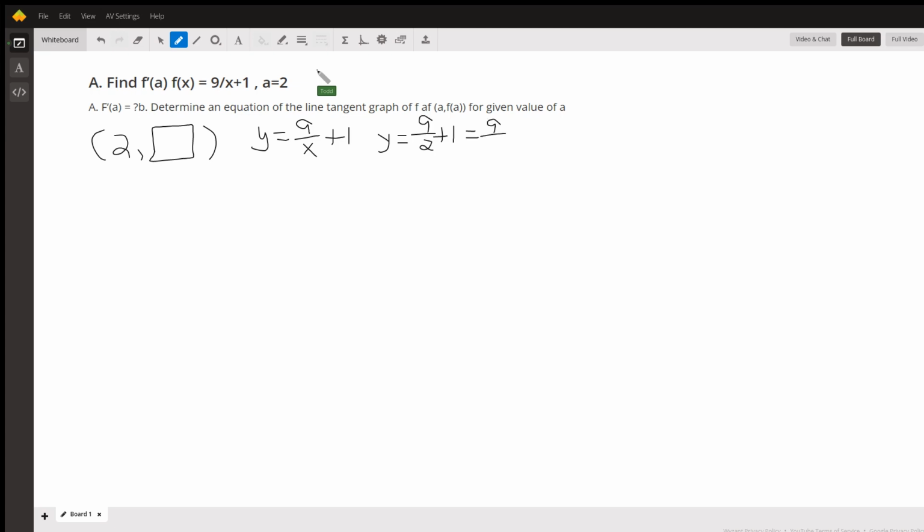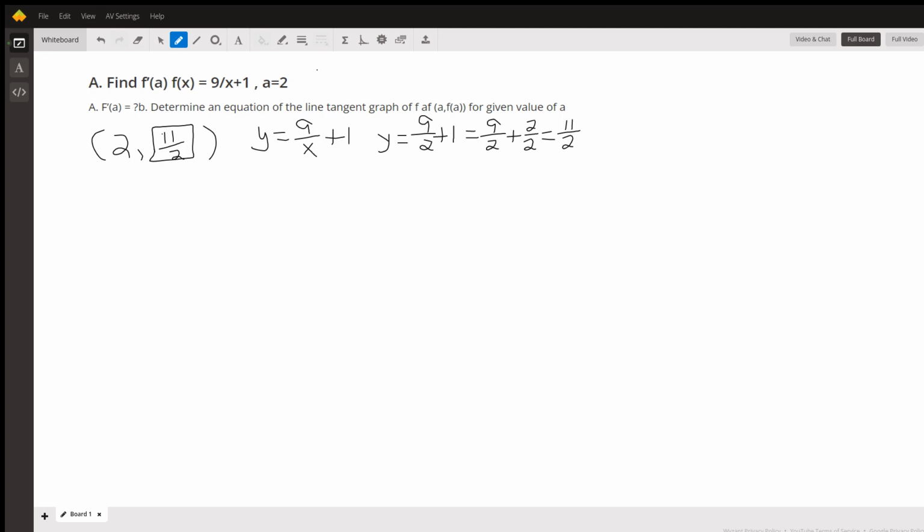I'm going to make that an improper fraction, thinking of 1 as 2 over 2, so the y coordinate is 11 over 2. So whenever the x coordinate is 2, the y coordinate of that point on the graph is 11 over 2.